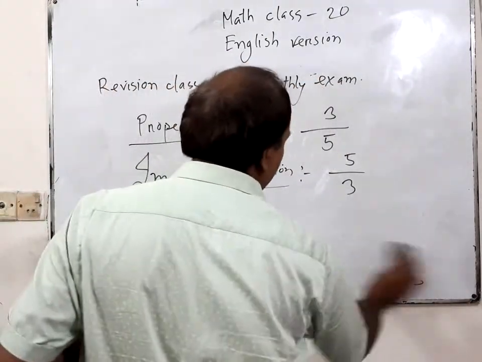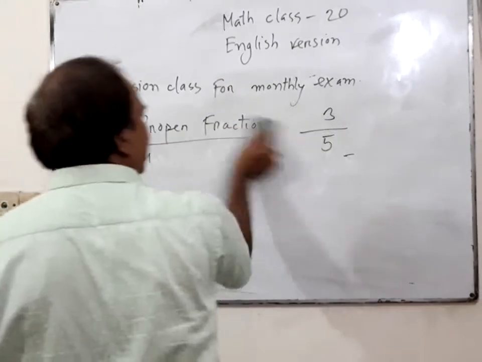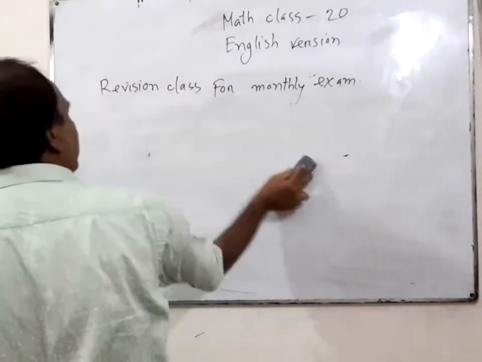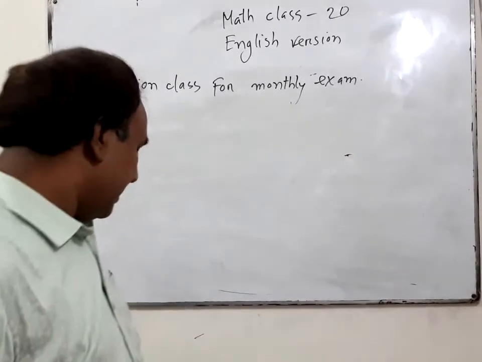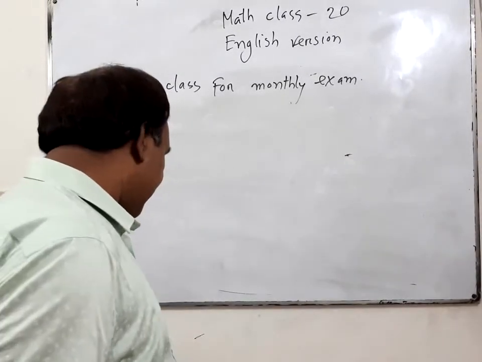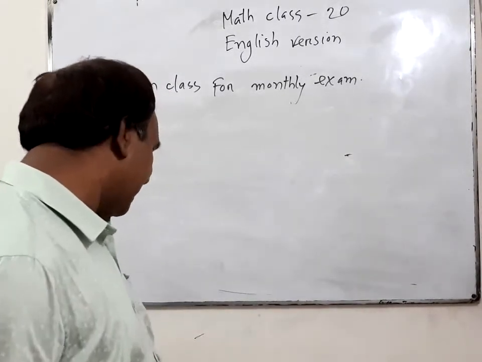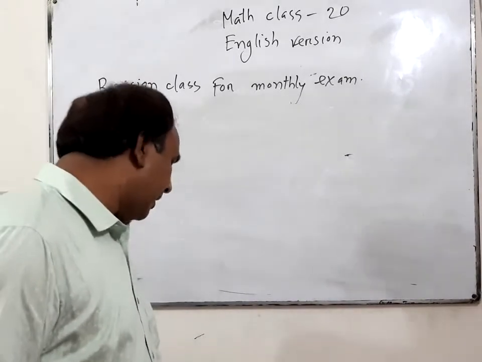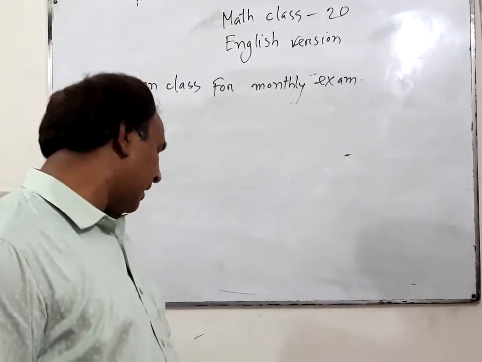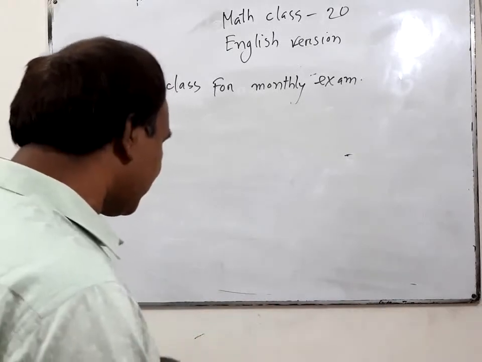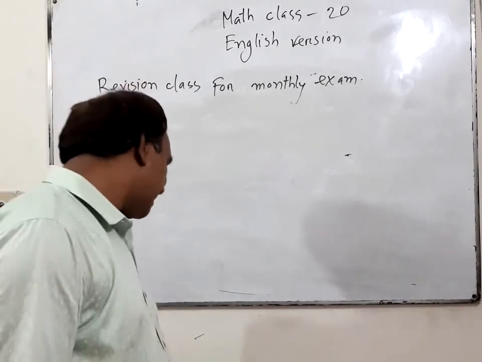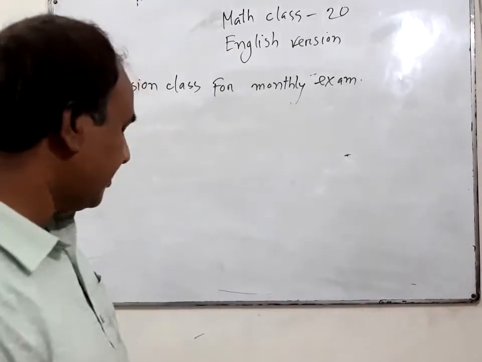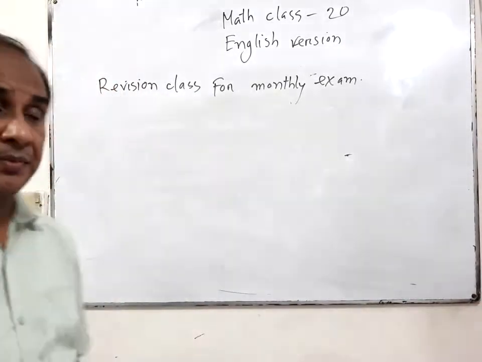Another one is equivalent fraction. Equivalent fraction is more important for you guys, please. The definition is like that: if we multiply or divide the numerator and the denominator of a fraction by the same number except 0, we get a fraction which is equivalent to the given fraction.